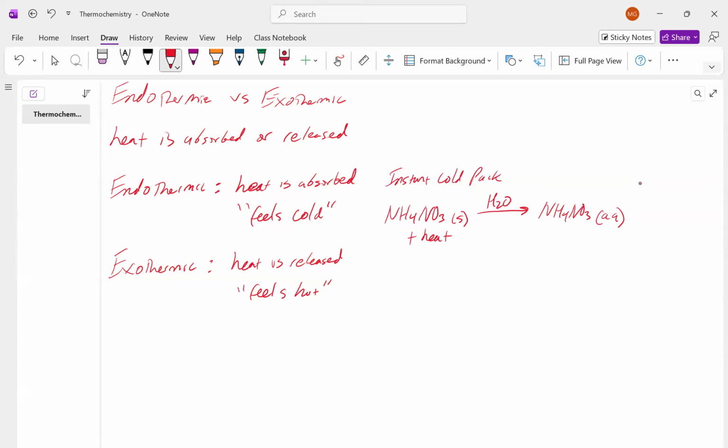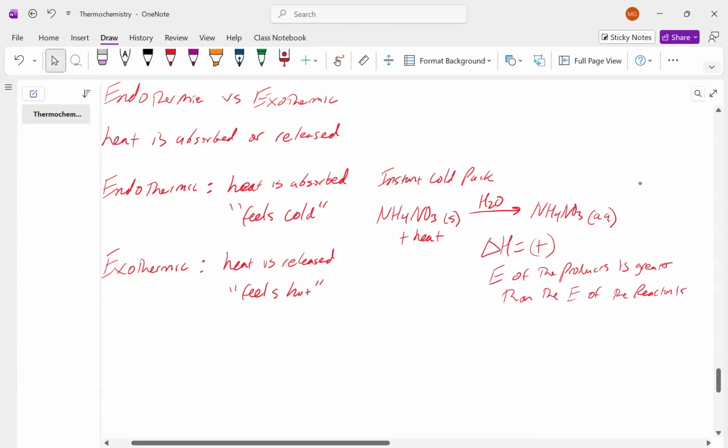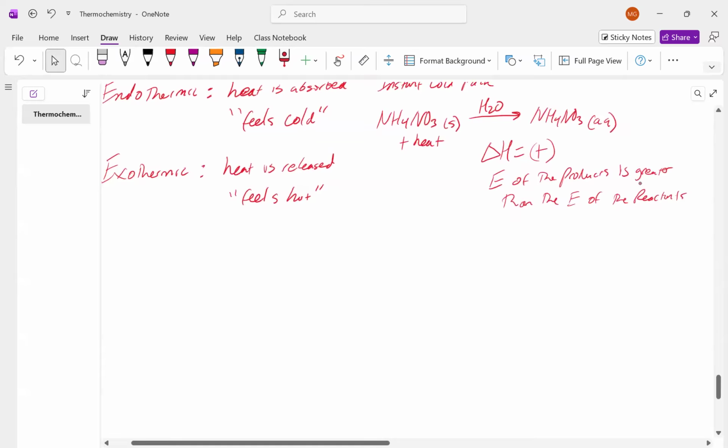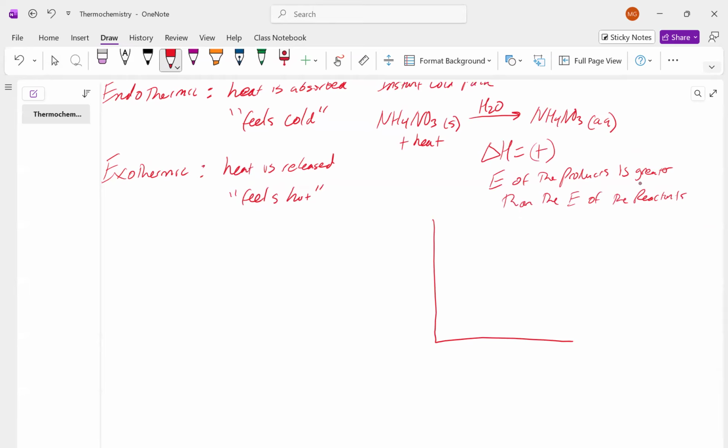If we were to put a positive or negative sign to this change in enthalpy, we would say that the change in enthalpy is positive, where the energy of the products is greater than the energy of the reactants. Let me put this into something we can look at in a picture. I'm going to draw something called a reaction coordinate or a reaction diagram. This is something that we'll go a lot deeper into in Chem 102.